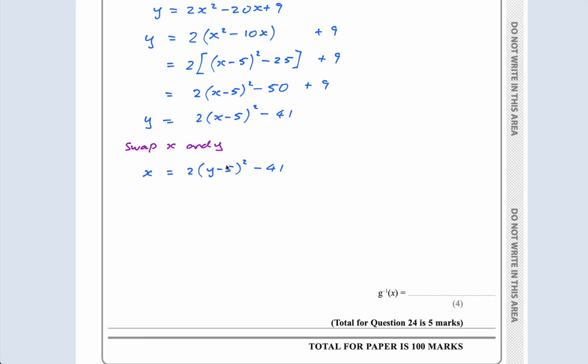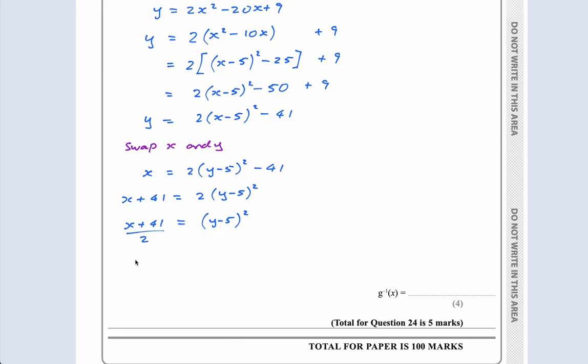I'm going to add 41 to both sides, so x plus 41 equals 2 times y minus 5 squared. Then I'm going to divide by 2, so y minus 5 squared is equal to x plus 41 over 2.